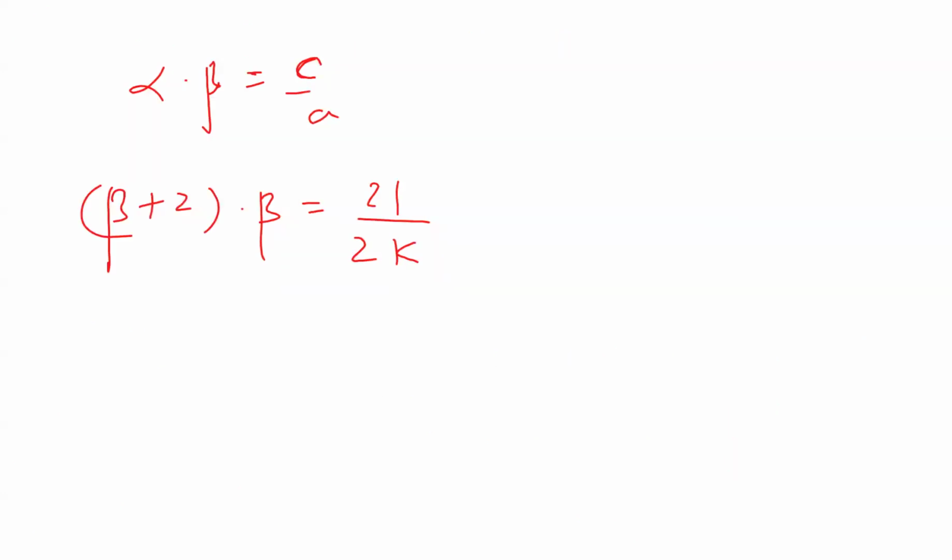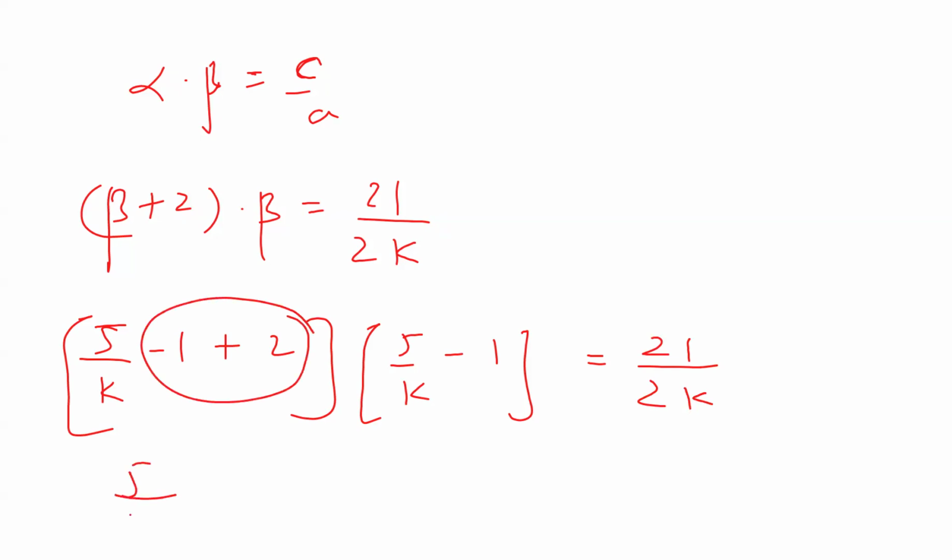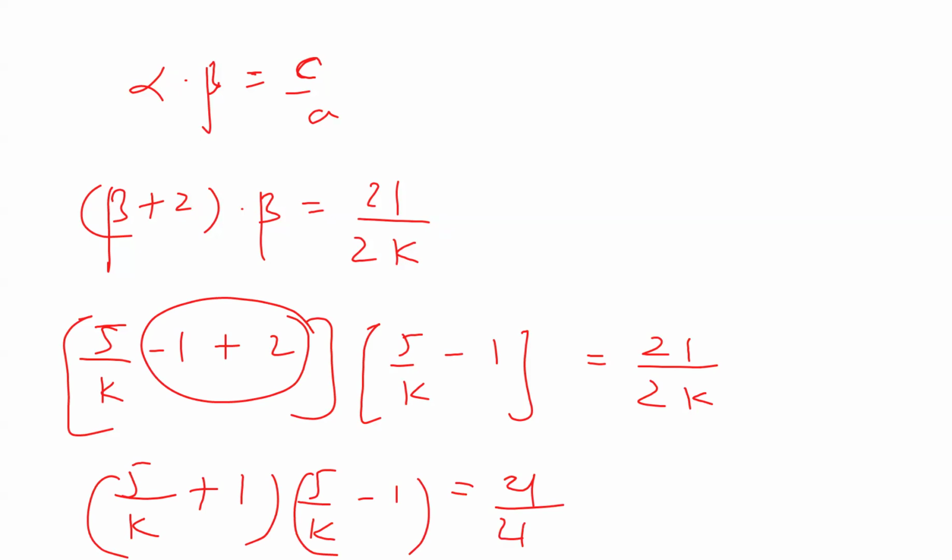So this is equal to 5 by k minus 1 plus 1, I'm putting the value of beta, 5 by k minus 1, and then minus 1 plus 2 is plus 1. So 5 by k plus 1 into 5 by k minus 1 is equal to 21 upon 2k.